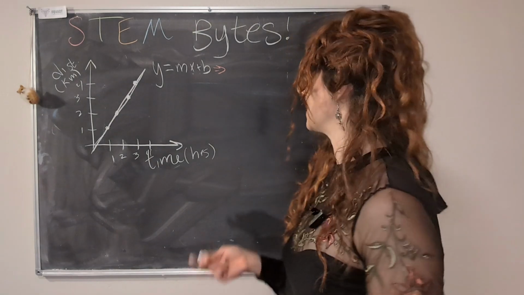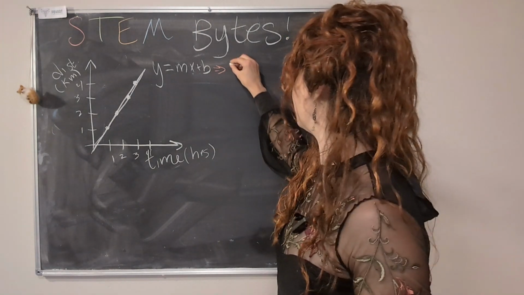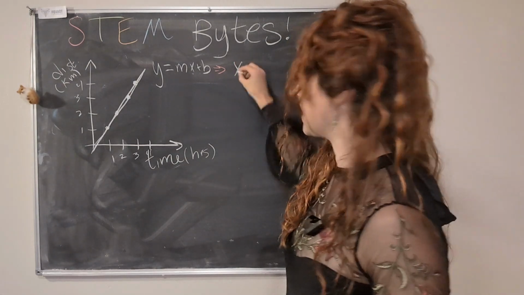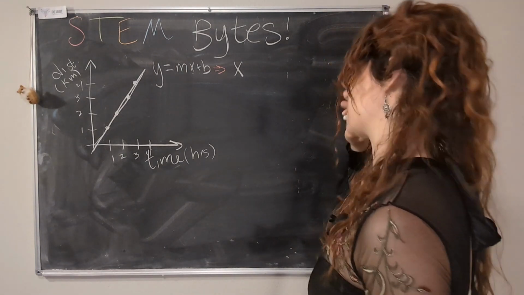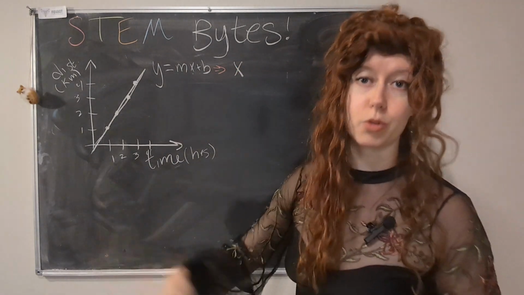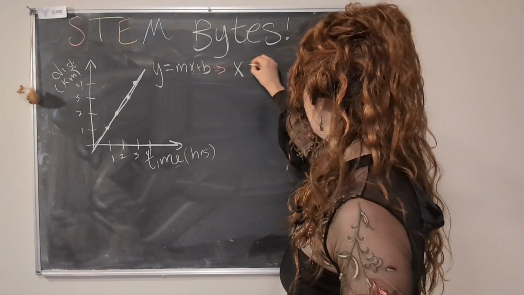Up is a little hard sometimes. So that is our dependent variable. In this case, I'm going to use x. I hope that's not too confusing, but it'll be clearer why I'm using x. For distance, you can also use d. It's a variable, which means you can vary what it means. It's a placeholder, a stand-in.